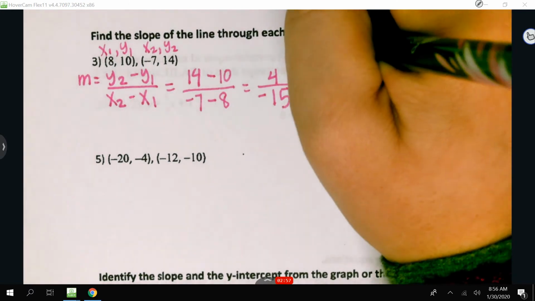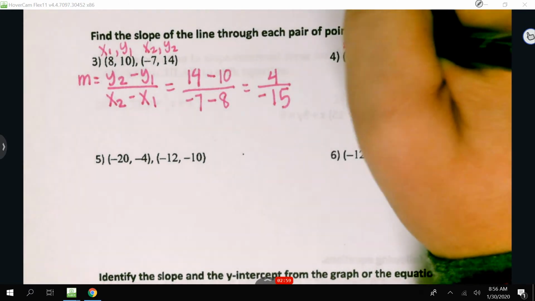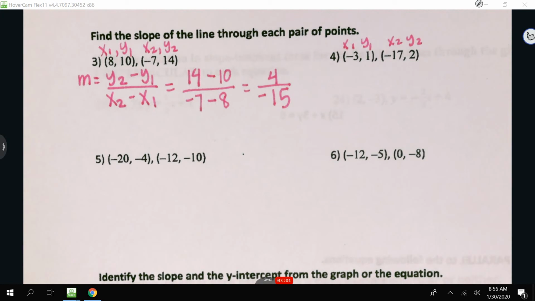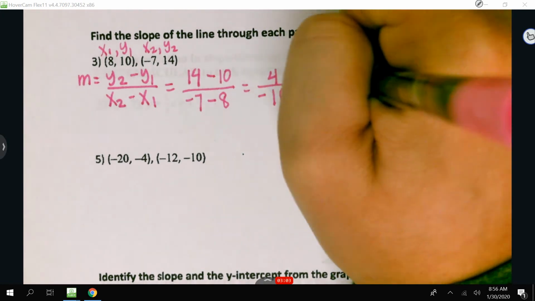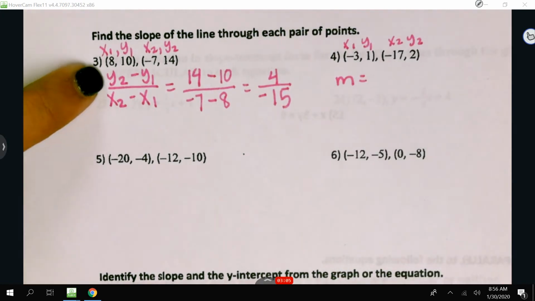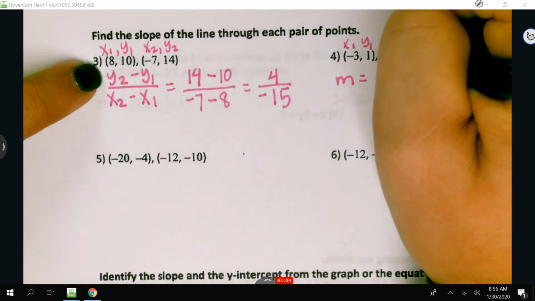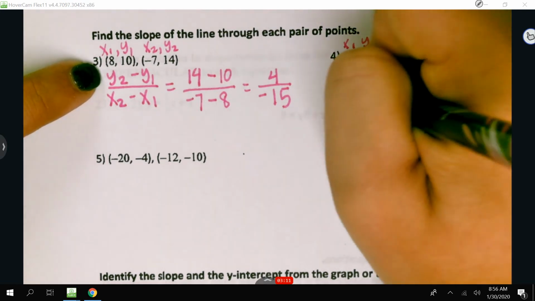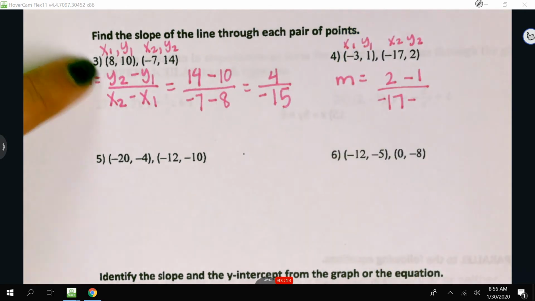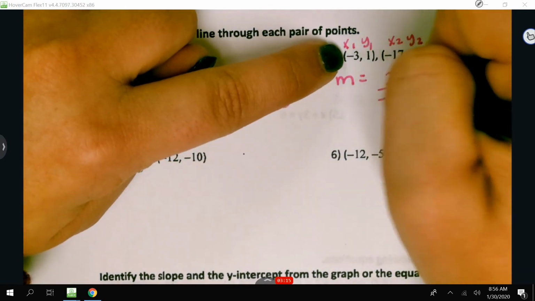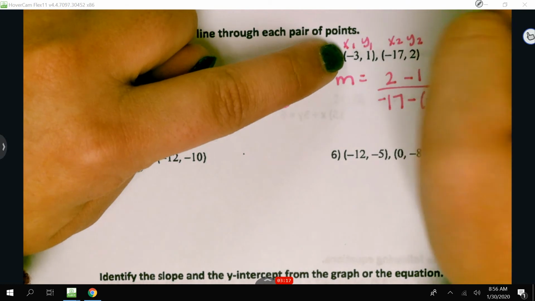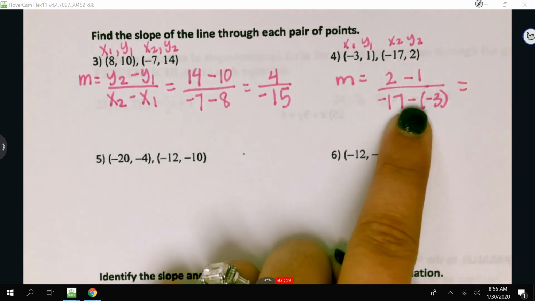Number 4, we got X1, Y1, X2, Y2. So again, I'm using that same formula. So I've got Y2 minus Y1, so that would be 2 minus 1 over negative 17 minus negative 3. You have to remember that that minus sign is always there.